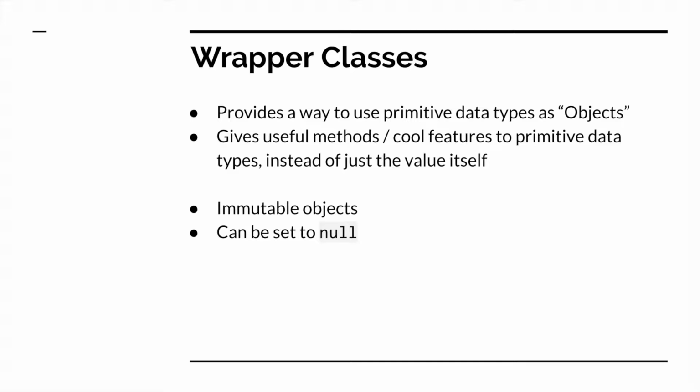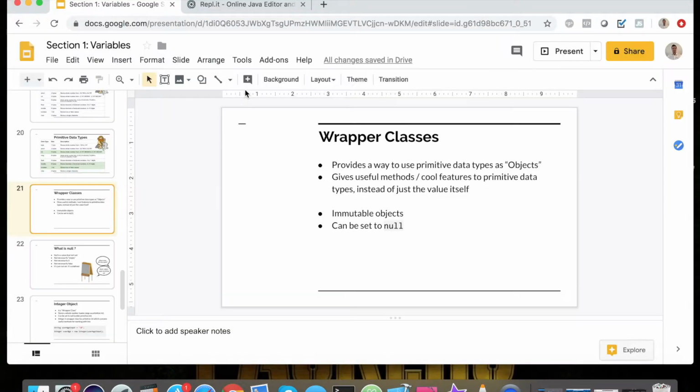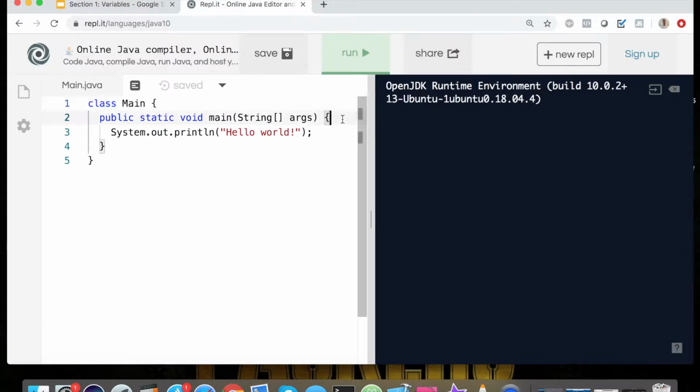When we create a string or a different type of wrapper class, Java is going to take that variable that we created and store it in memory. An immutable object means that we can't change that value. So for instance, let's do a string here.